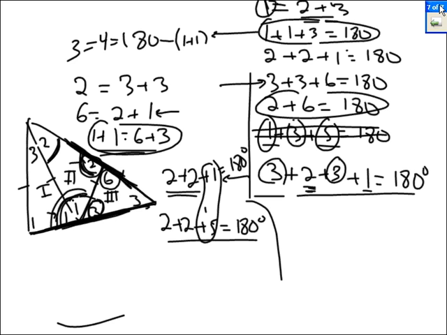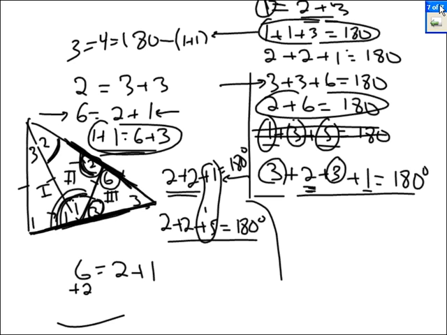So I'm just looking at all the equations to see if I can come up with anything. Okay. We know that angle 6 equals angle 2 plus angle 1. It says it right here.